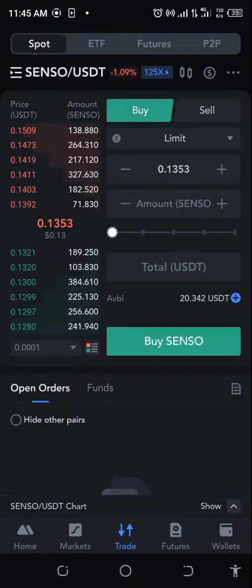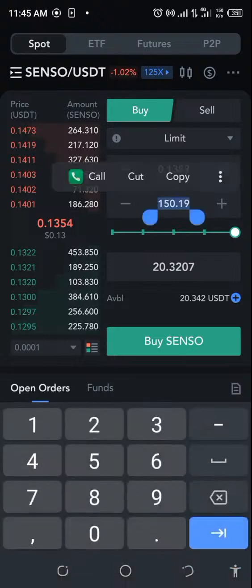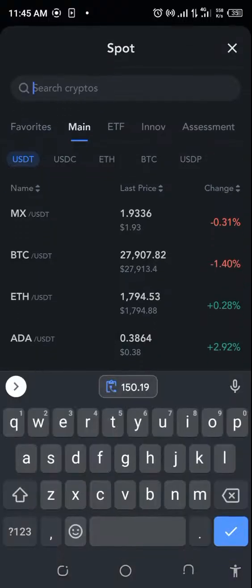Maybe with that I could see whether that would be a better option. You can see now it's gone down to 150.19. Okay, so let me copy this, cut that and then go to Senso ETH.